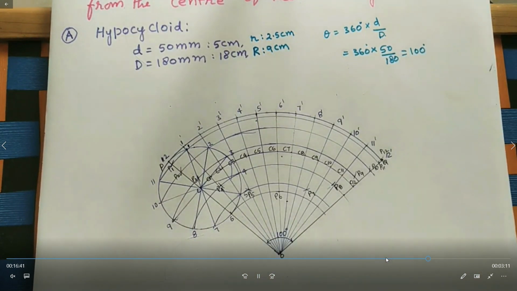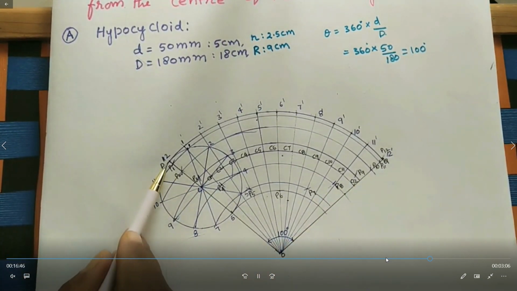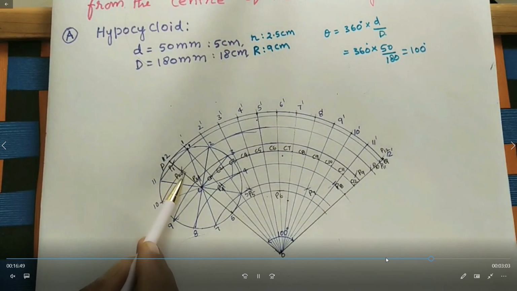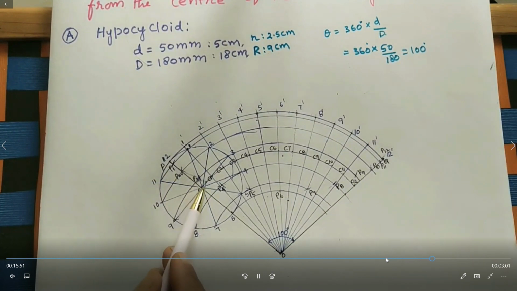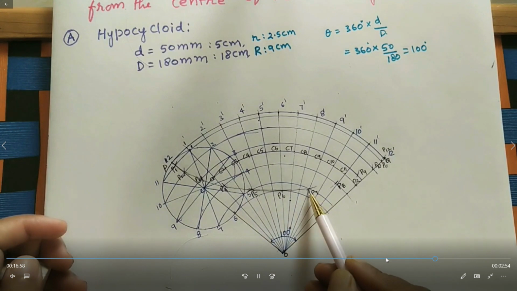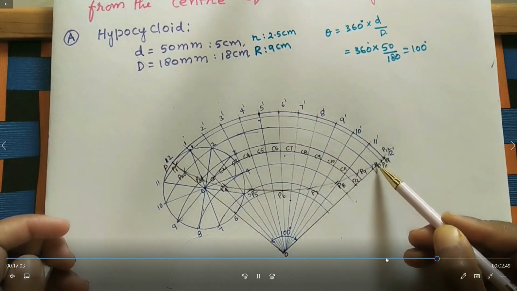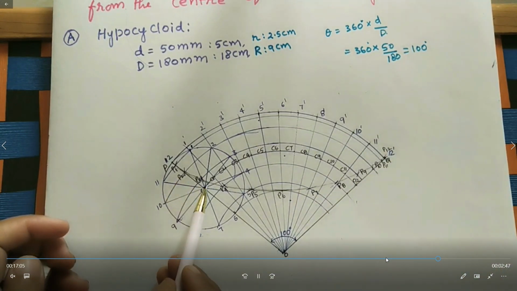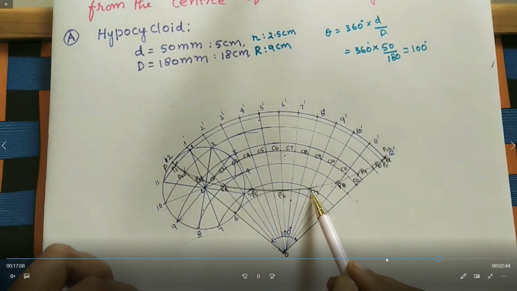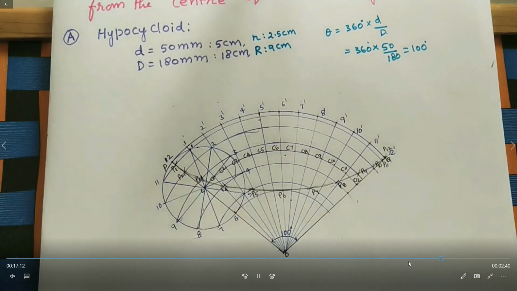We cut the lines with arcs. We identify the points P1 to P12. Now we join the point P to P1, P1 to P2, P2 to P3, P3 to P4, P4 to P5, P5 to P6, P6 to P7, P7 to P8, P8 to P9, P9 to P10, P10 to P11, P11 to P12. In this way, we join the arcs with a freehand smooth curve.